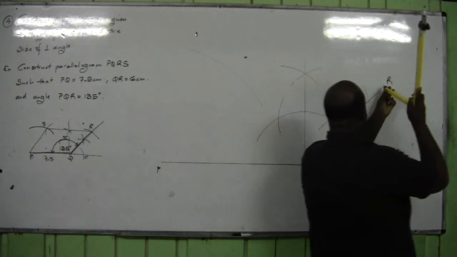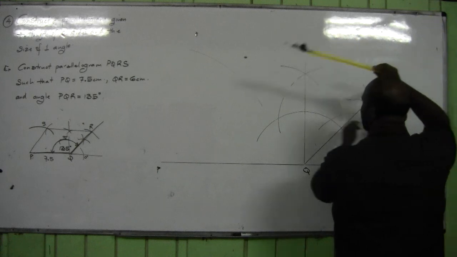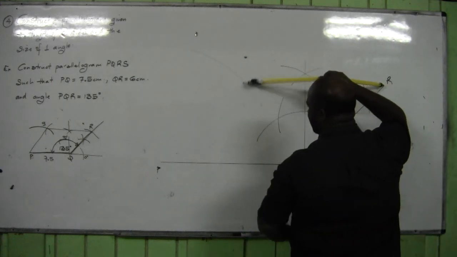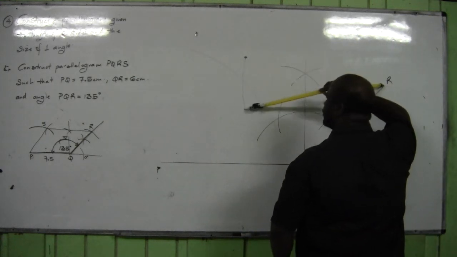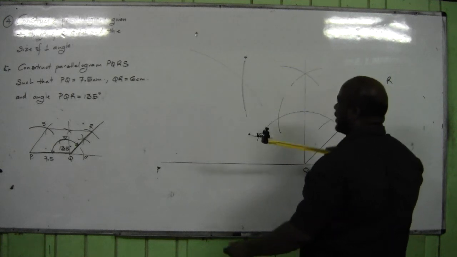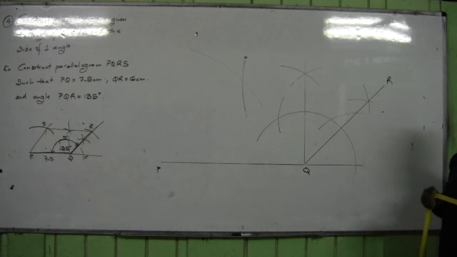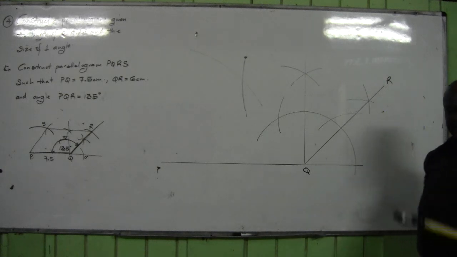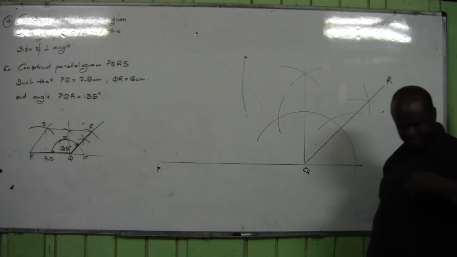I put it at R and I scribe. Anywhere the two lines meet, that is the point S.